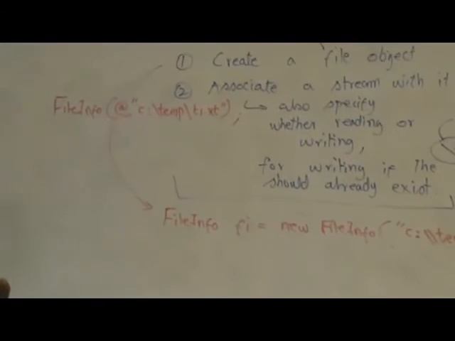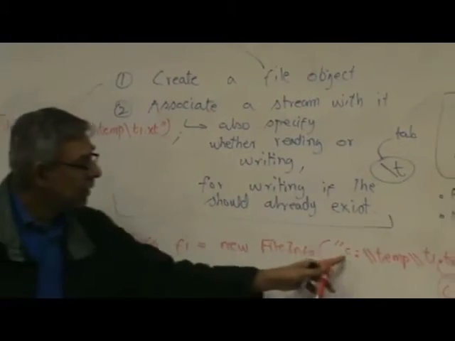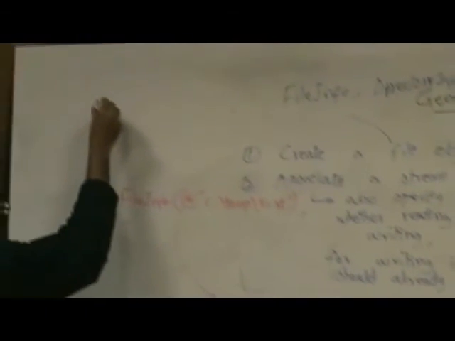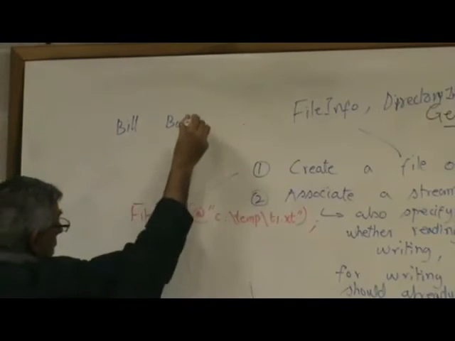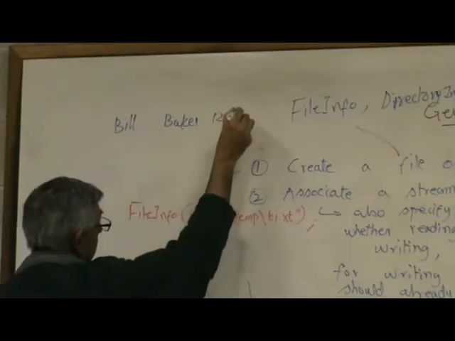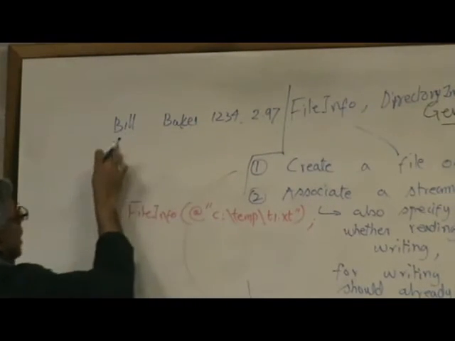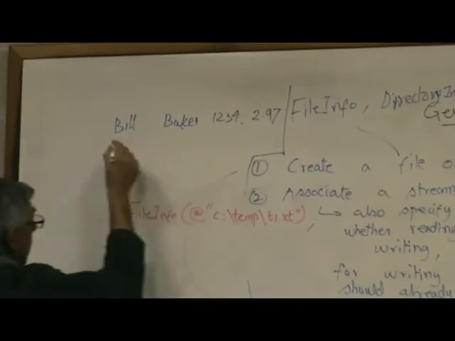Okay, now we will associate a stream with it. So let's pretend this happens to be some simple file, you know, with some data. Let's say Bill Baker 1234 2.97. So pretend this is the first name, last name, ID, GPA, right?